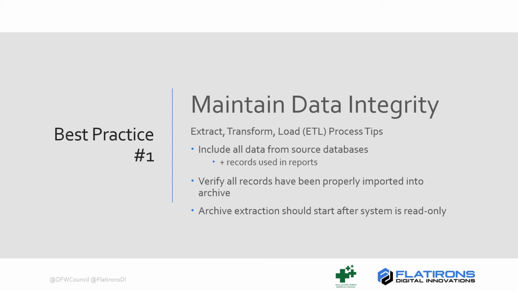So it helps future-proof that, so even if you didn't need some of it now, you might need some of it later. We then do verifications to ensure that we have all that data. So we basically do record counts, to ensure that every piece of data that we had before in the old system, we recount after we bring it into an archive and confirm that we've got the exact same data. We didn't lose anything.